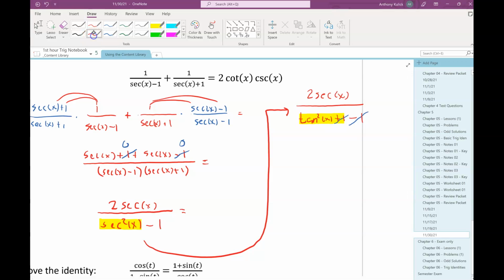Which I'm pretty excited about because that has now accomplished exactly what I wanted it to. So far, so good.